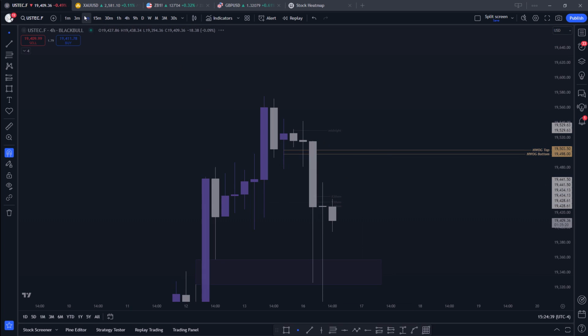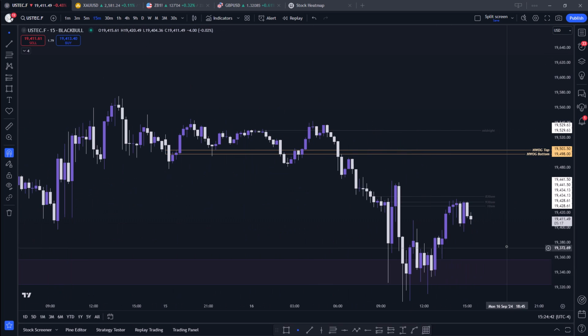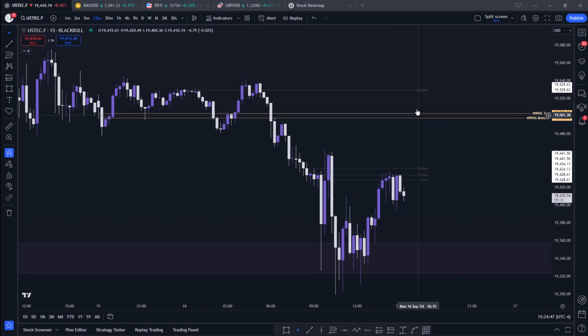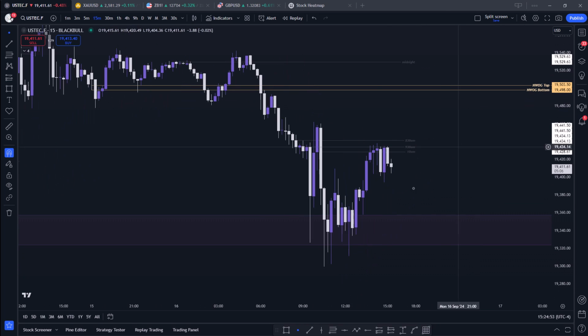The second thing I want to see is on the 5 minutes or preferably on the 15 minutes. I would also like to see a closure above the new week opening gap, because that's a critical gap for the entirety of the week actually.